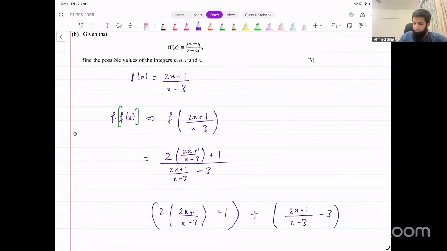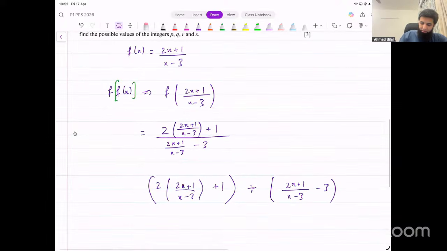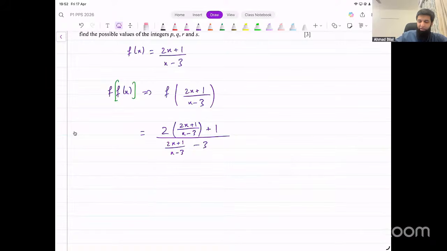Then take LCM and switch the numerator and denominator to make it multiplication. If you find it easier that way, you could do that, if that helps you avoid any careless errors. You can do it directly as well.